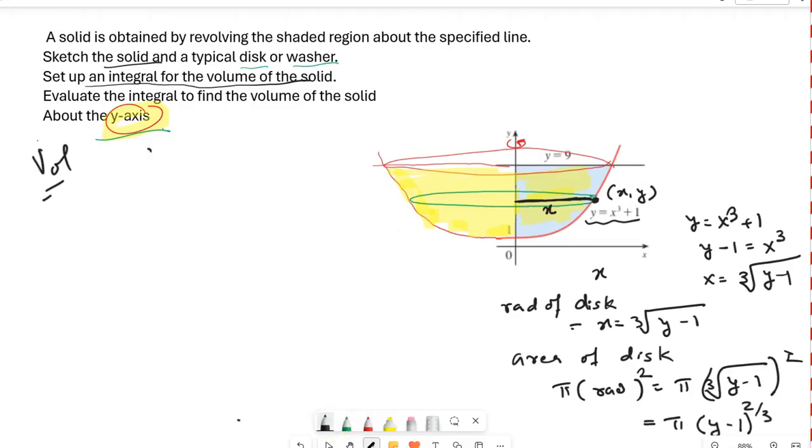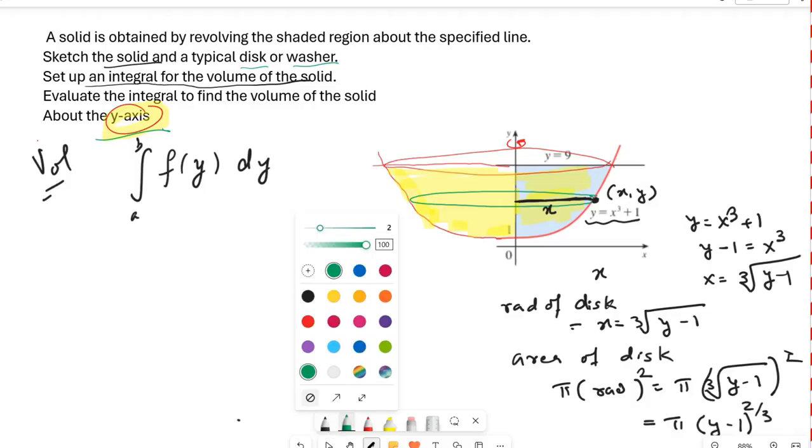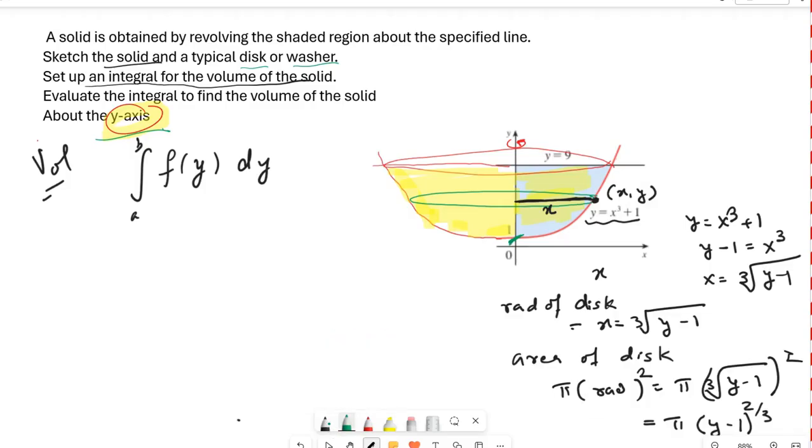Volume is the integral from a to b. Because the rotation is in terms of y, the function is going to be integrated with respect to y. So the limits have to be the y values. The y values are going from 1 to 9, as given here. So our integral is from 1 to 9.